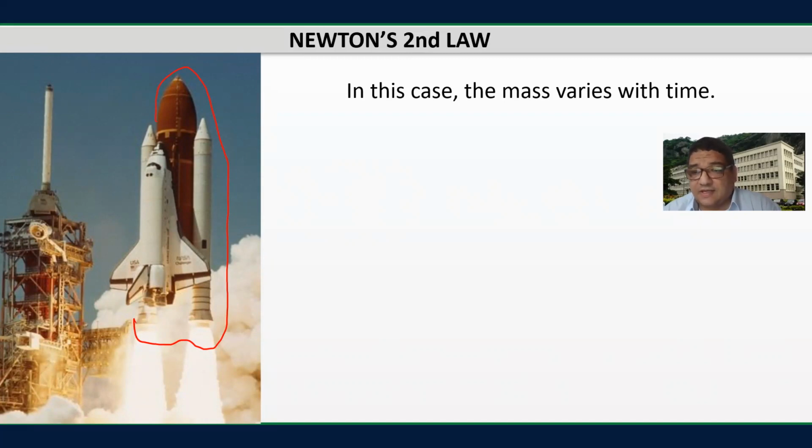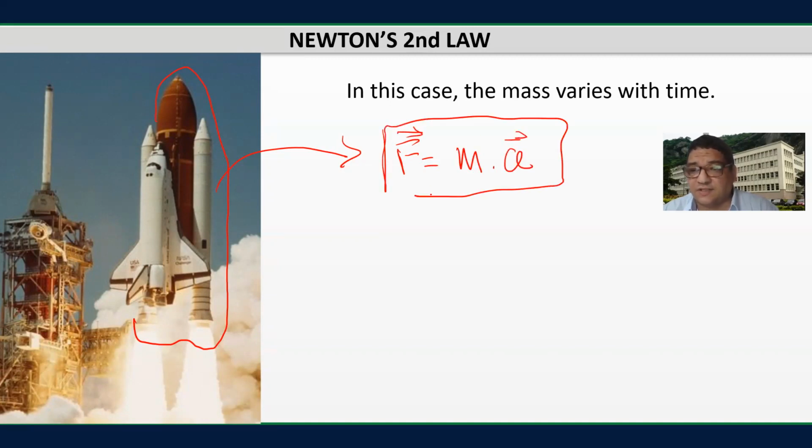And now I can't use F equals m times a. In this case, this model doesn't work. This model is wrong, like George Box said, because I need to take care with the phenomenon that I am analyzing, I am studying, I'm trying to understand.